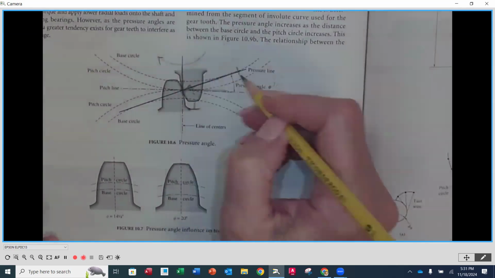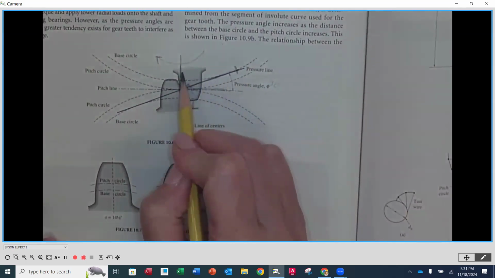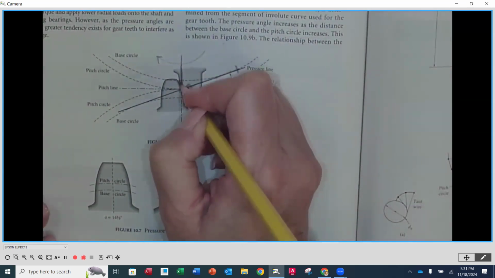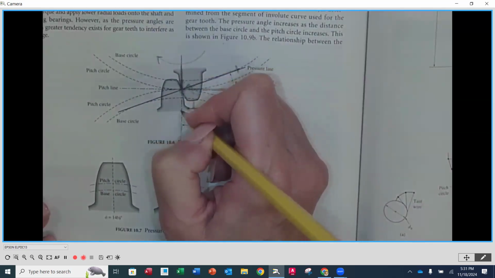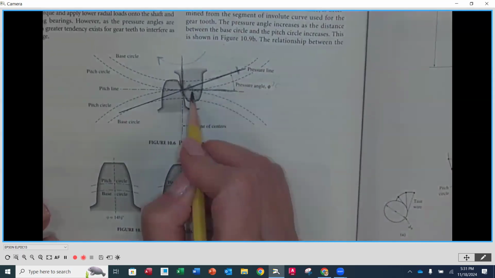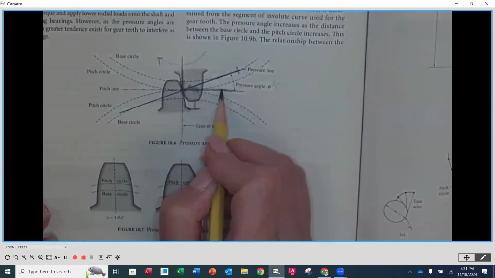So this is a 20-degree. Now we know from statics that the force coming in at 20 degrees is going to have a vertical component that goes down, and a horizontal component that goes to the left.